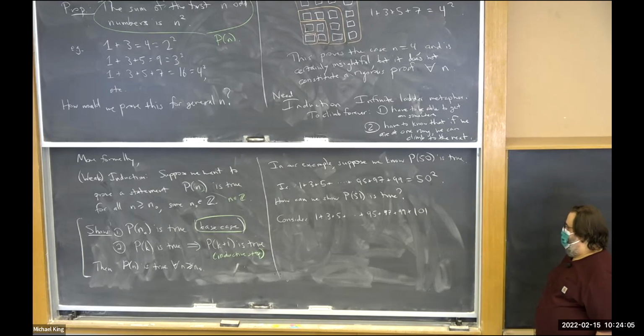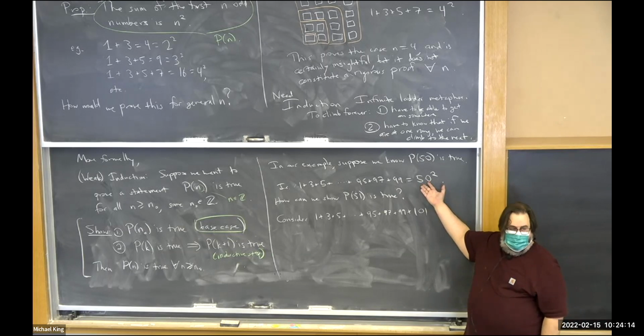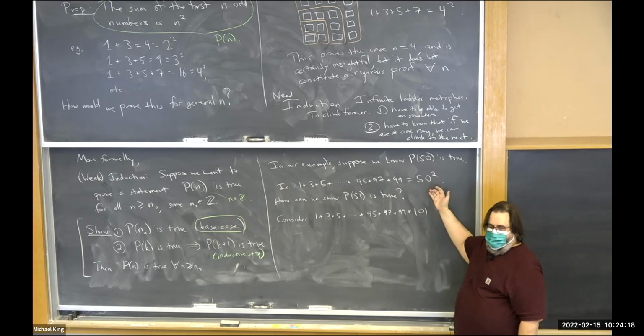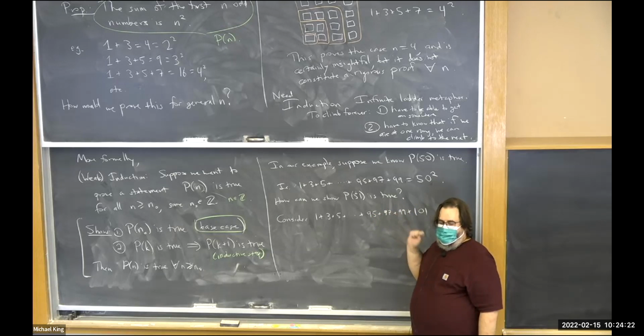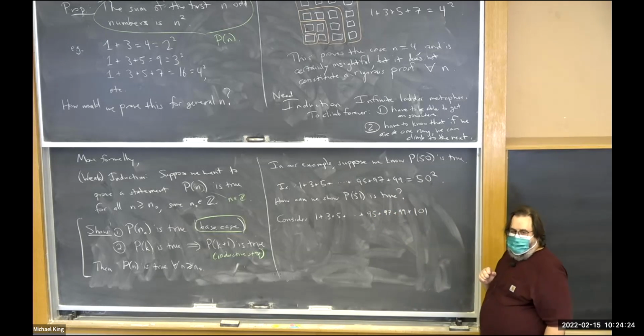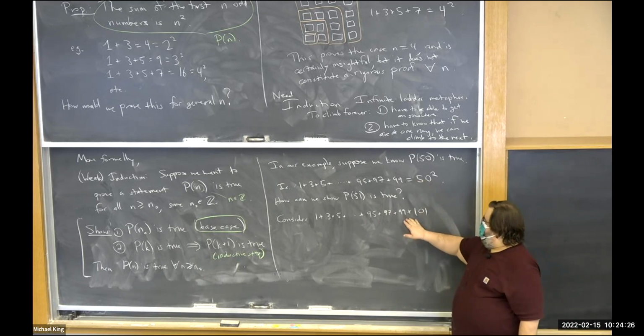Okay. Because that's the first 51 odd numbers. I can assume this is true, so I can use it, right? Do you guys see what I want to do? What do I want to do next? Yeah, we're assuming this is true, and we're trying to show that this is 51 squared.